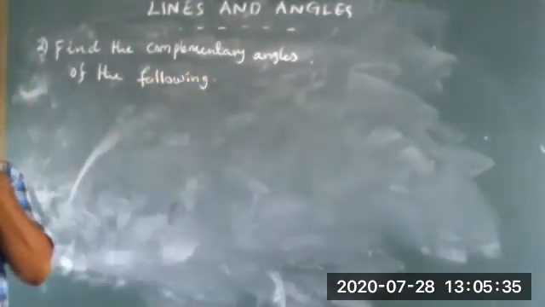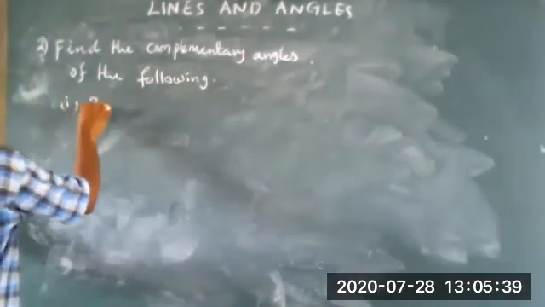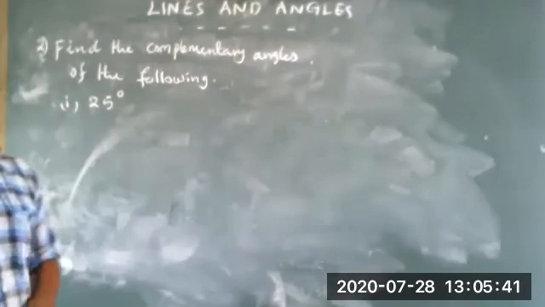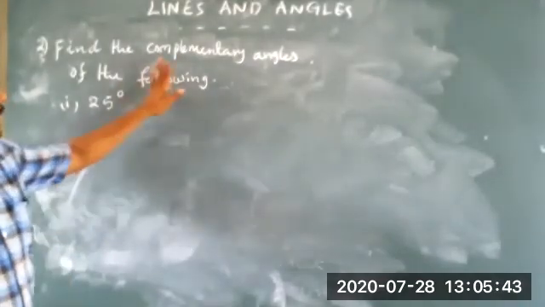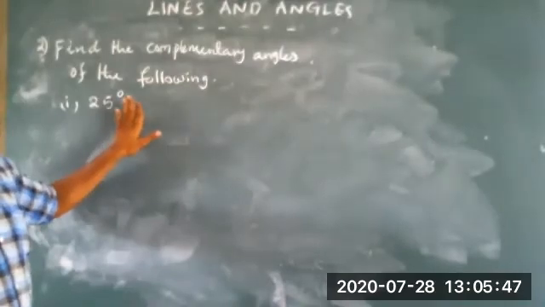First one, 25 degrees is given. Find the complementary angle of the following. So first one now, 25 degrees is given.